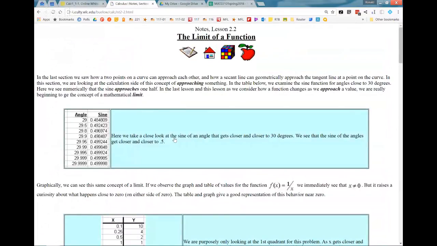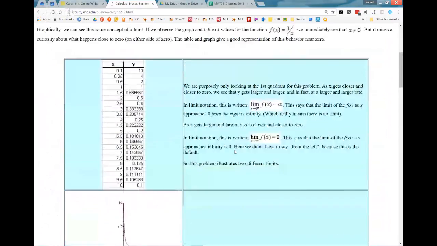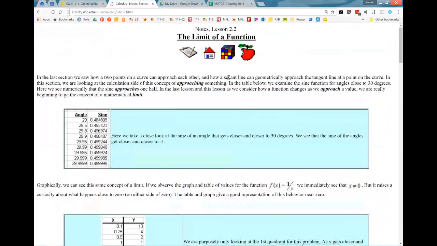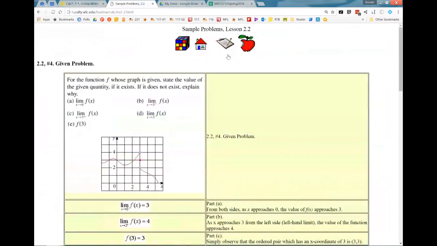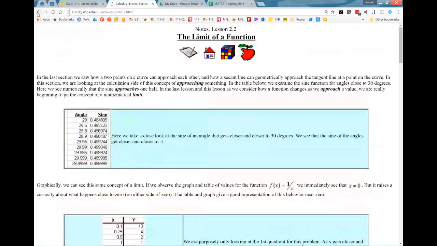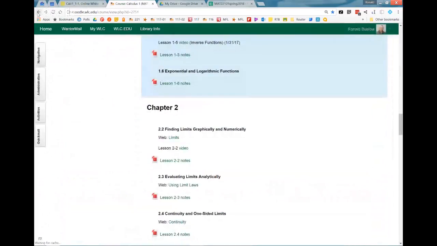Now, this one happens to be 2.2, which matches perfectly, but it's from a different book, so it won't perfectly match up. But when you click on the little Rubik's Cube icon, it'll have sample problems for you. I don't know if I showed that to you or not, but there we go.